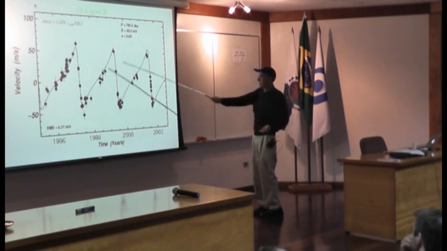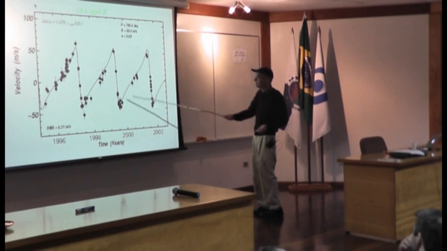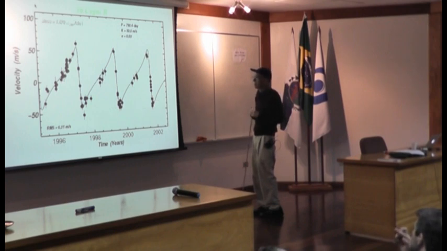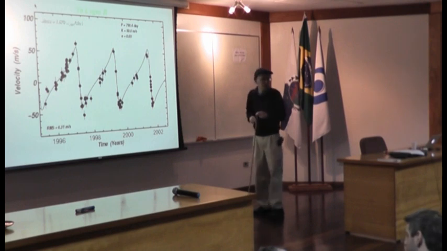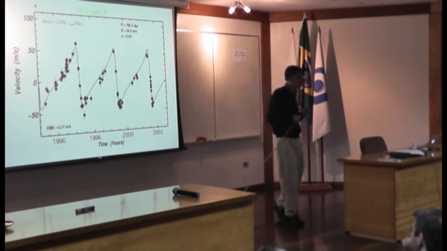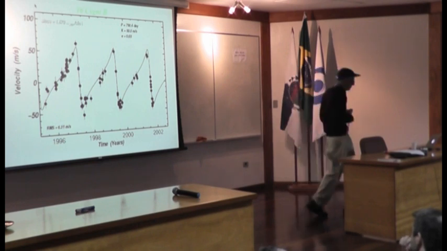The eccentricity manifests itself in this being highly non-sinusoidal. You can see that the uncertainties there are plus or minus maybe 8 meters per second. So at that time, detecting Jupiter was very difficult.